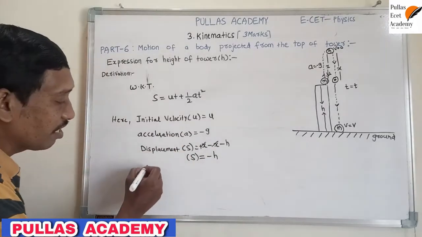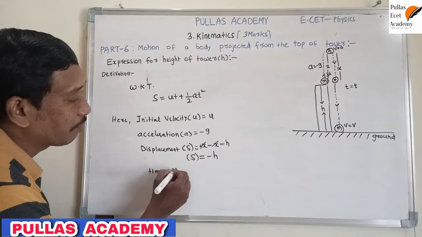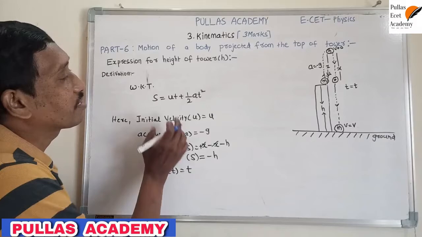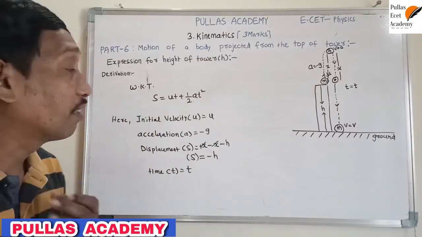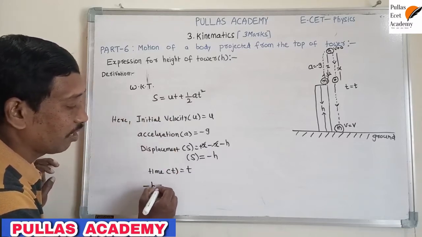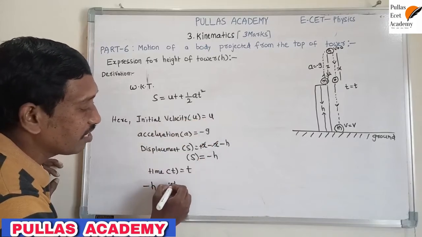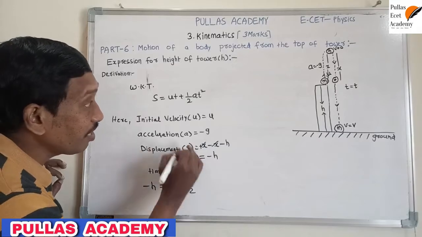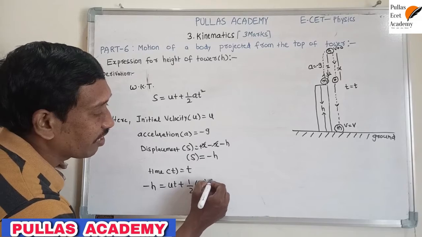Next, we have to consider one more parameter, that is time t. These are all the parameters. Substitute them in the equation and you get the expression for the height of the tower. Instead of s, substitute minus h. Instead of u substitute u, instead of t substitute t, and instead of a, minus g, with t square.